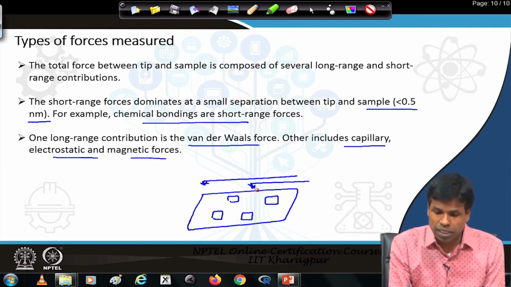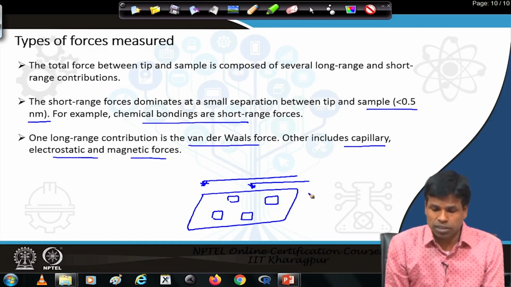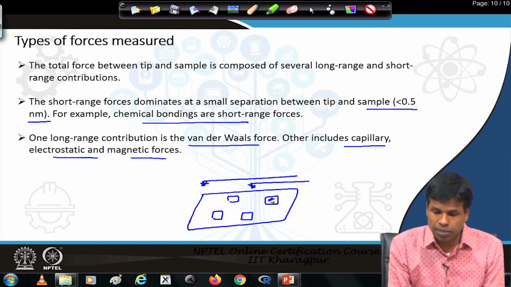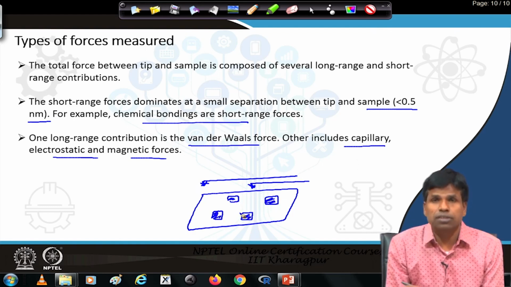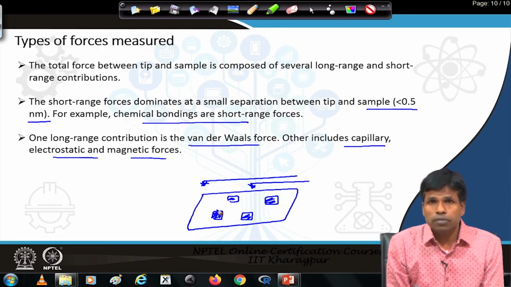If the tip has a certain magnet and your unknown material has some magnetic particles in it, then when the tip scans over the surface, it will see a different type of force, that is a magnetic force, in the region where magnetic particles are present. And here the tip does not have to come very close to the sample, because magnetic force is a long range force.